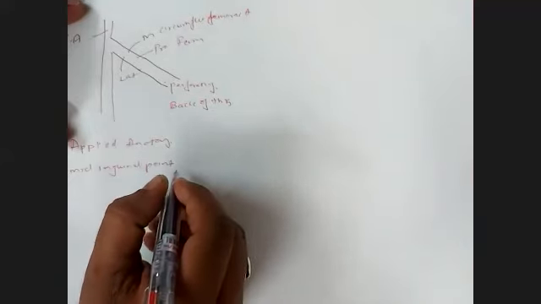Now coming to the applied anatomy of the femoral artery. This femoral artery can be compressed at the mid-inguinal point, between pubic symphysis and anterior superior iliac spine, against the head of the femur.